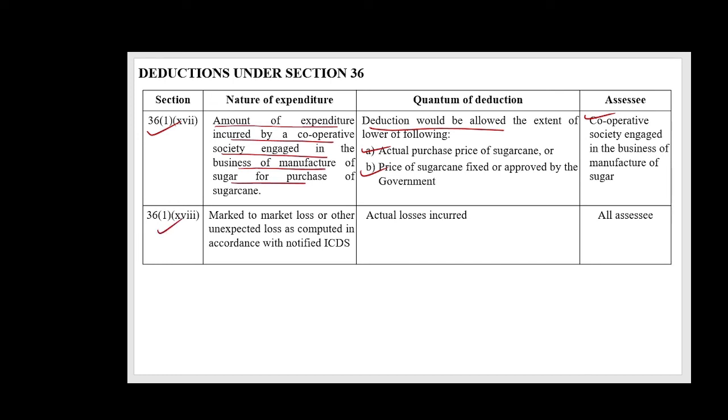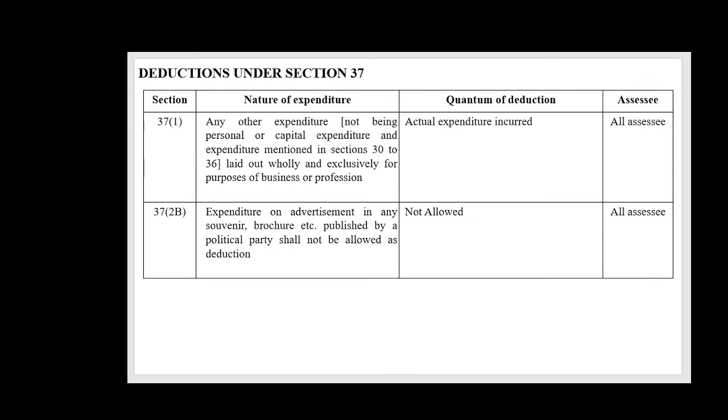The next section is in relation to mark to market loss or other expected loss as computed in accordance with the notified ICDS. Actual losses incurred will be the quantum of deduction and it is applicable to all assessees.